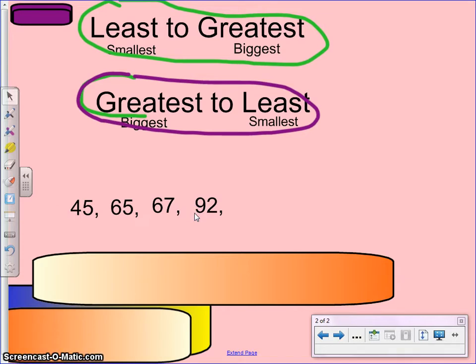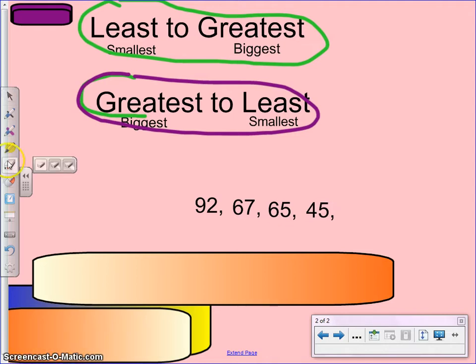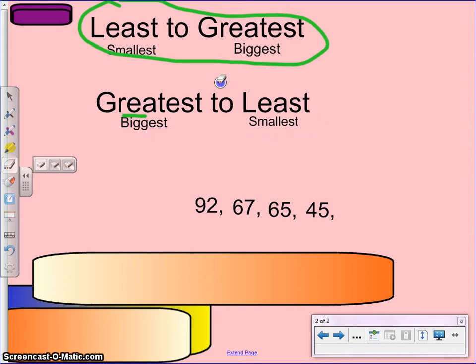If I went from greatest to least, really it's just the opposite. I'm just flip-flopping these numbers around. I would start with 92, and I would work my way down to the smallest number. Okay? That's going from greatest to least. It's really, really important when comparing numbers to pay attention to what is being asked. Are you being asked to go from the biggest to the smallest, or from the smallest to the biggest?